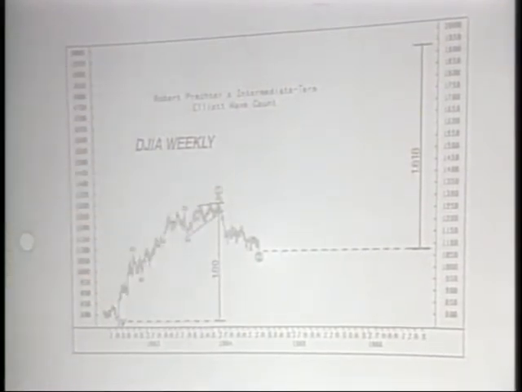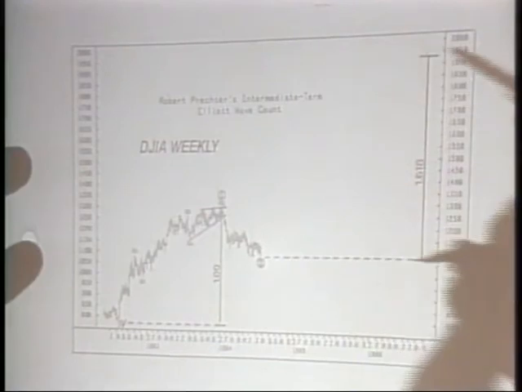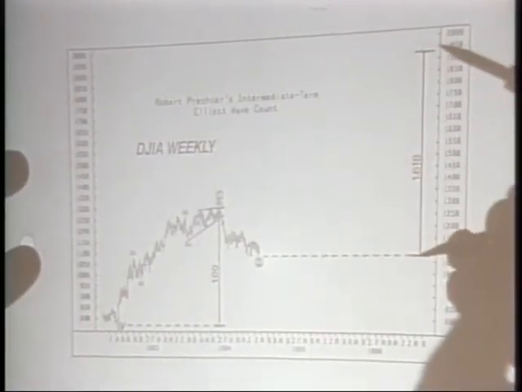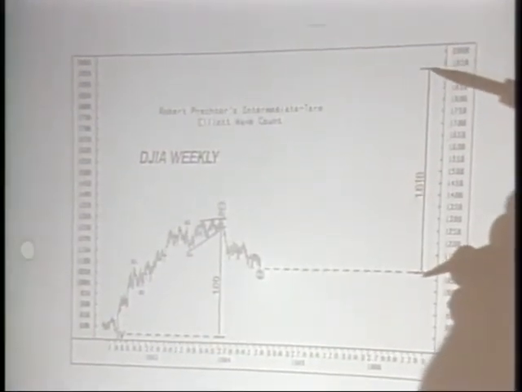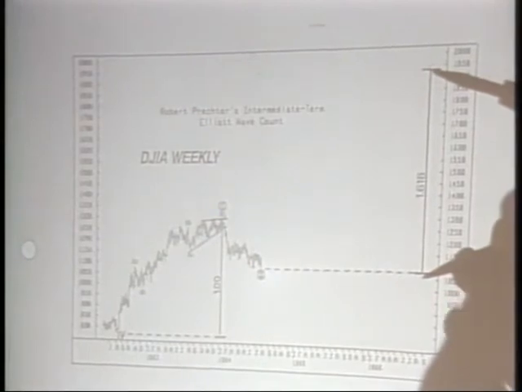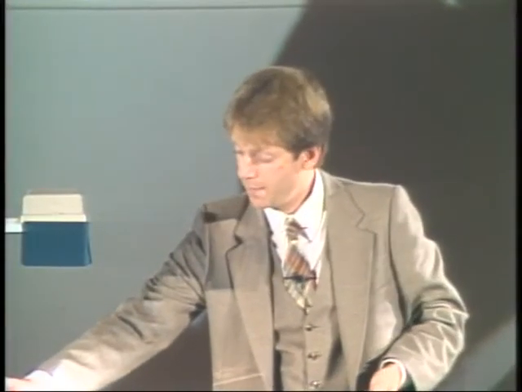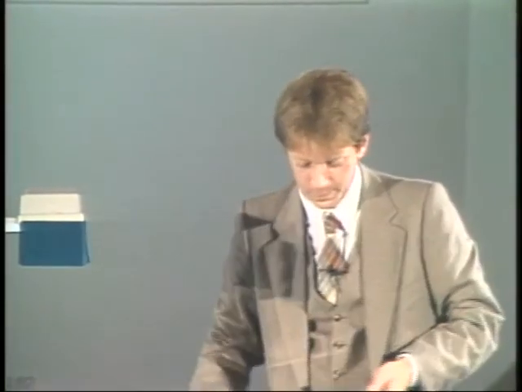I then flip the compass, and all I need to do is add that length to the bottom of primary wave 2 to achieve an estimated target for the peak of primary wave 3. Page 283 shows how that worked out.